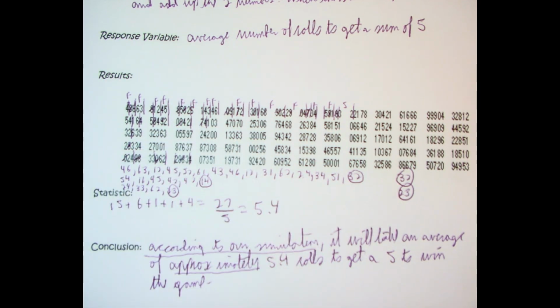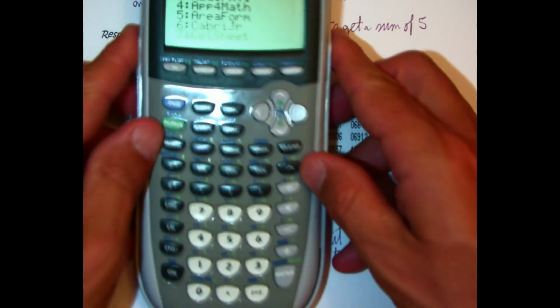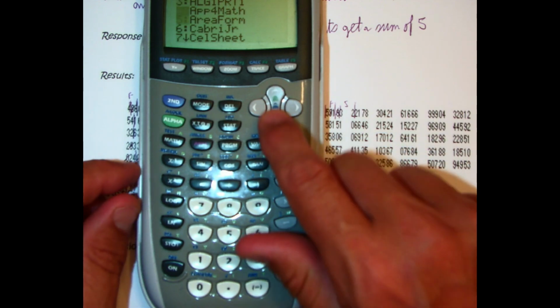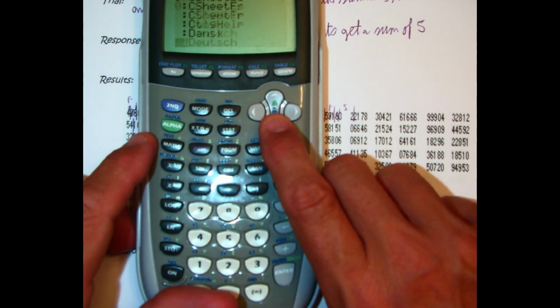Okay, keep something in mind: if we were to do this on a calculator, if we were to pull up our app here, we could very easily do this. Let me pull up my probability app here.